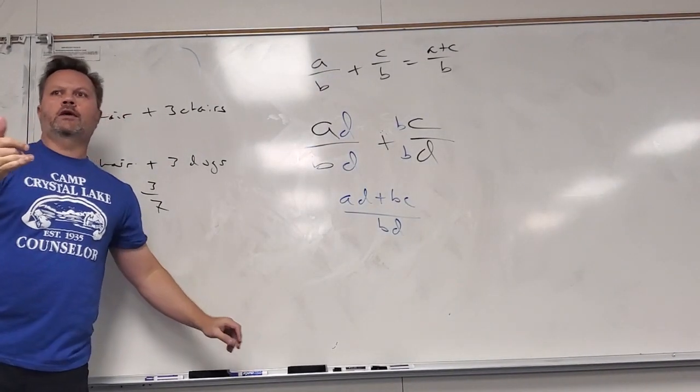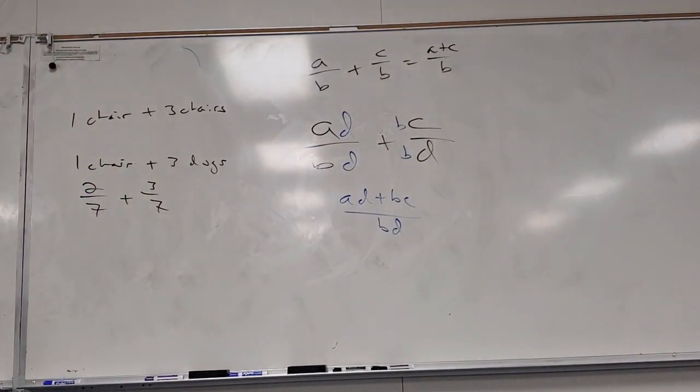Now what's one little thing about this that we need to improve on? This is assuming that B and D are how related to each other? What is the one time that the correct thing is just to multiply the two denominators together? Like if I do 1/4 plus 1/20, do I have to make them 80ths? They have a common factor, right?